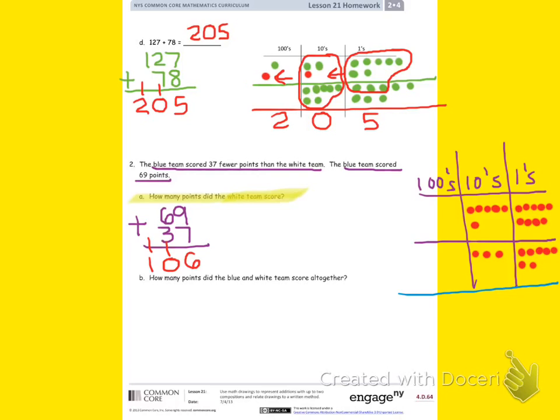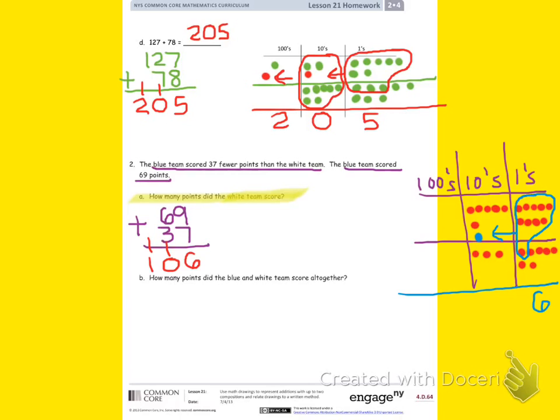Looking at this 9 plus 7, I have more than enough to be able to circle a group of 10. This is 9 plus this one is 10. 10 ones moves over to the tens column because 10 ones makes one group of 10. Looking at the math problem, I can see that the illustration shows there are 6 ones that have not been circled.